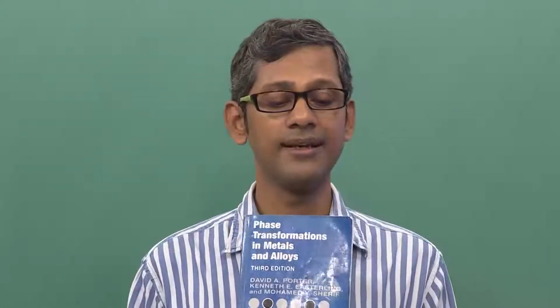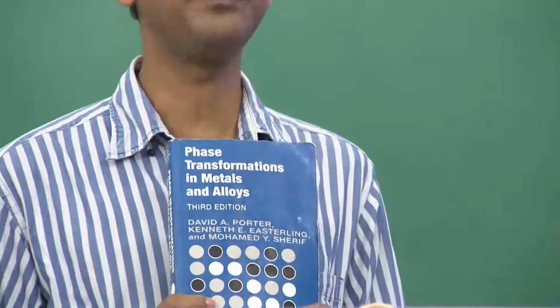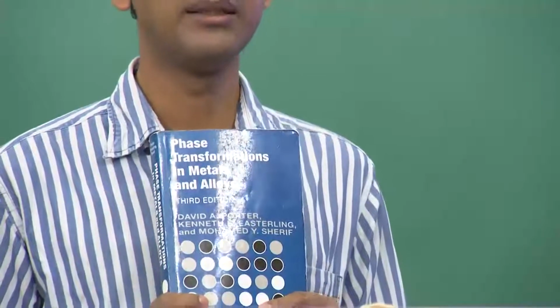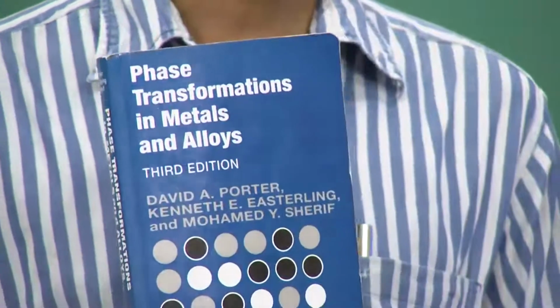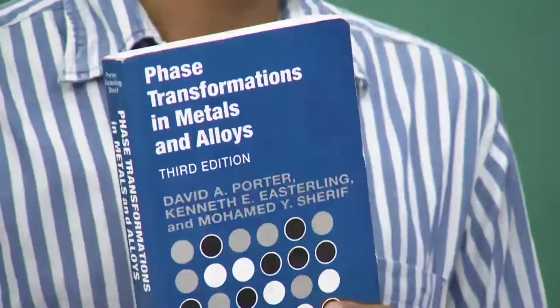So, two important textbooks which I have carried from our library: the first one here is Phase Transformations in Metals and Alloys, a classic textbook by D. A. Porter and K. E. Easterling, and a recent edition has also come with a new author. All the problems are solved by Dr. M. Sharif. This is available in India, not a very expensive book, you can read that.